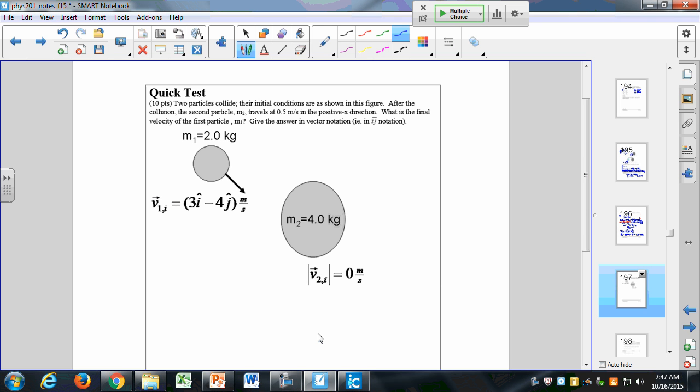I also give you the velocity of the second particle, and I want to know the final velocity of the first particle. Try that one on your own. I'll give you a couple minutes. Remember, you want to separate the x and y components of the momentum.